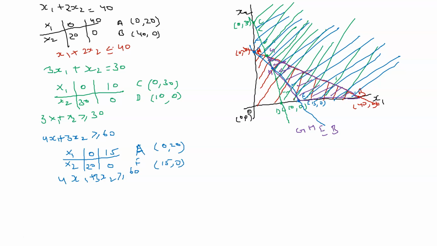So all the points which lie in this region G, H, E and B satisfy all three of our constraints. So our solutions lie there.